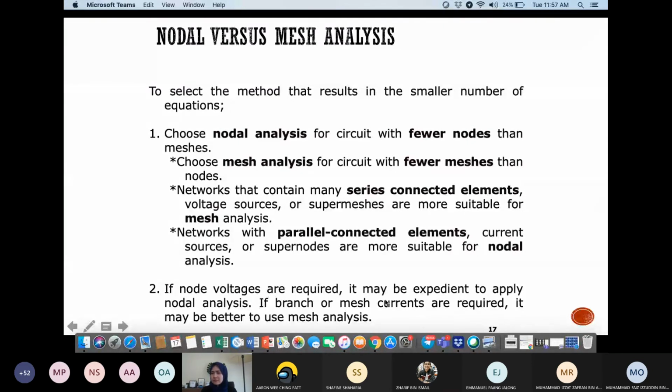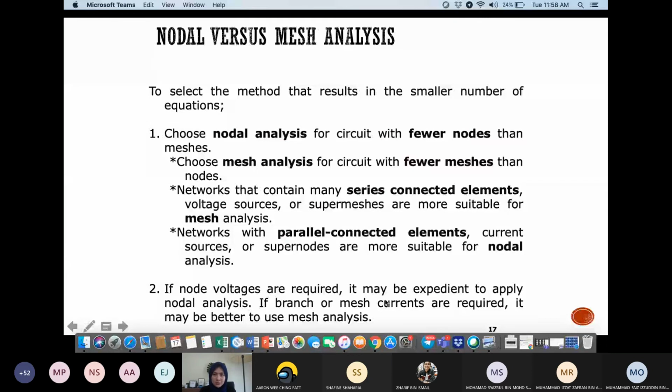Doktor, midterm chapter 1, chapter 2 lah. Midterm chapter 2, chapter 3. Chapter 1 is not included in the midterm. Chapter 1 is mostly theory, right? So your midterm test will cover chapter 2 and also chapter 3.